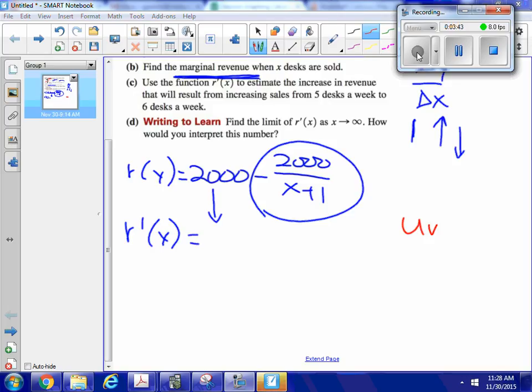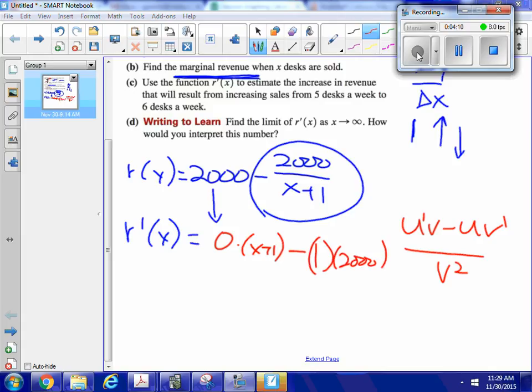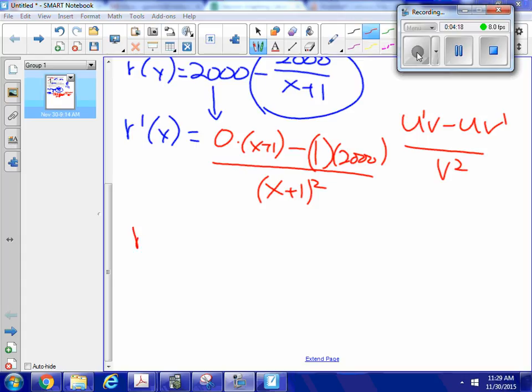So my derivative of 2,000 is 0, so I have 0 times x plus 1 minus, well, the derivative of v here is actually 1, times 2,000, and that's all divided by x plus 1 squared. So my r prime of x is equal to negative 2,000 over x plus 1 squared.